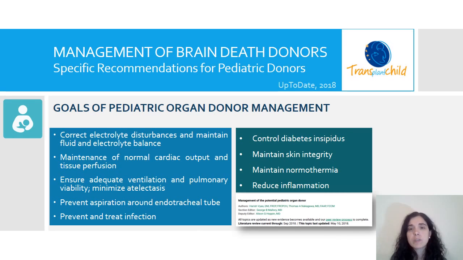As it was said before, specific donor management goals have been developed to guide clinical care, including minimizing inotropic use, normalization of blood pressure, oxygenation and ventilation parameters, correction of electrolyte disturbances, and controlling fluid balance. Studies in adults have demonstrated that these goals improve chances of organ recovery and graft function post-transplant, and these goals are also applicable to pediatric organ donor management.